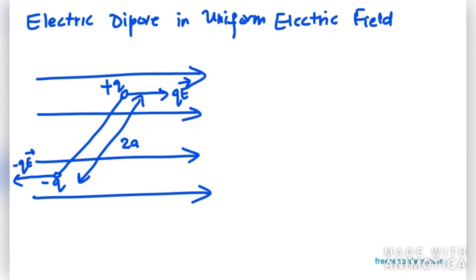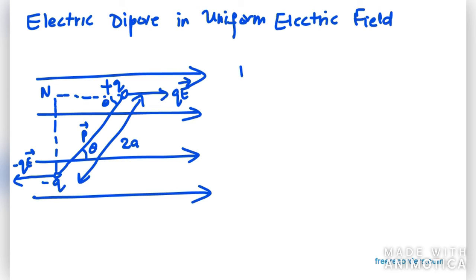Here we have angle between minus Q and plus Q. We have theta here. Mark it as N here. Now we have dipole moment P. If this is theta, then this will be equal to theta, by the alternate interior angle property.